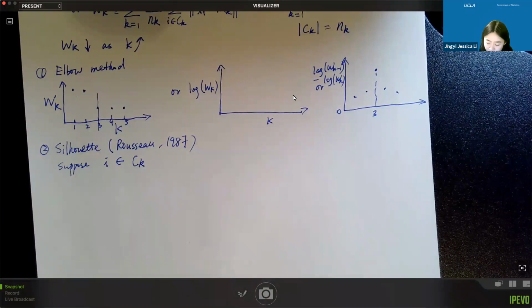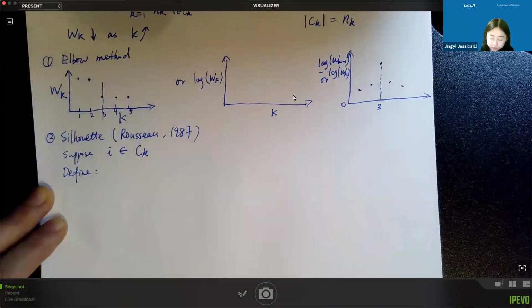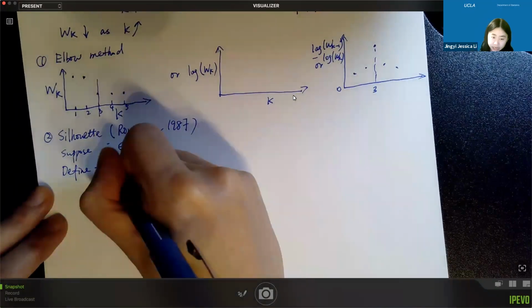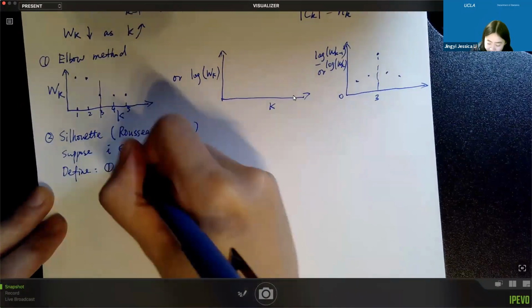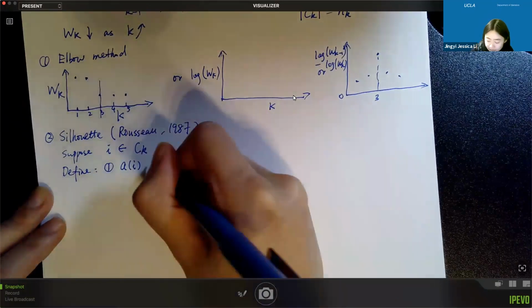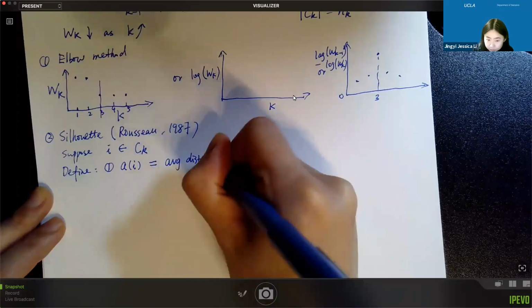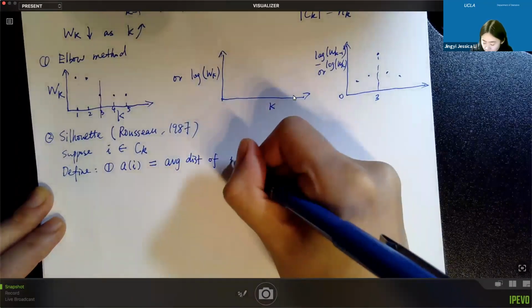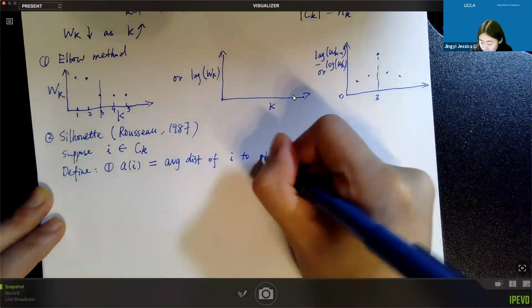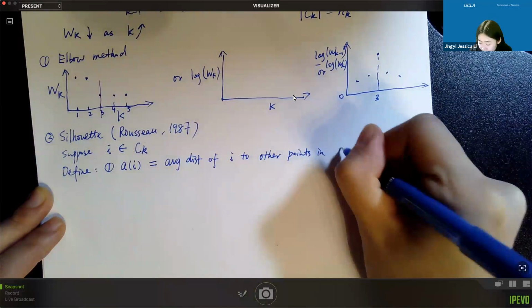So I need to define the following terms. The first one I need to define is what I call AI. The AI is defined as the average distance of I to other points in CK.